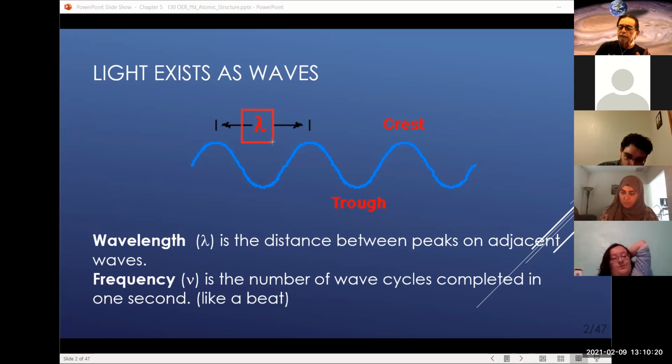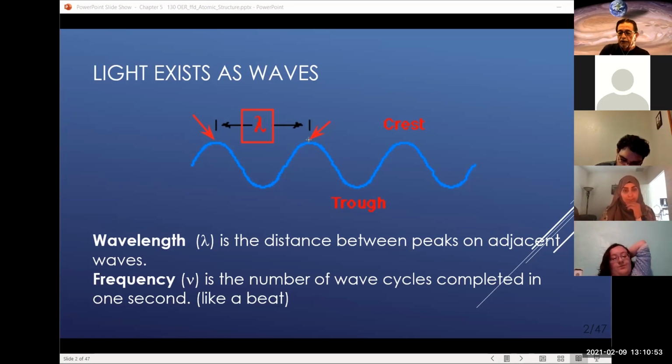It is a measurement between any two points on a wave, because we look at light as a wave going with a hill and then a valley, a hill and then a valley. If we pick a point on the hill, any place on the hill, and pick the same spot on the next hill, that distance is called the wavelength.